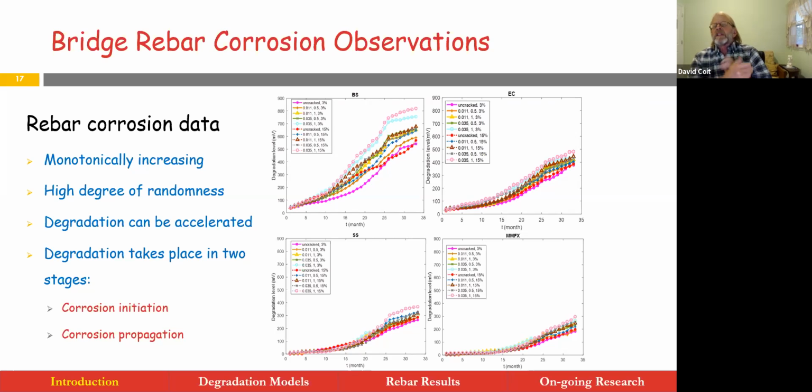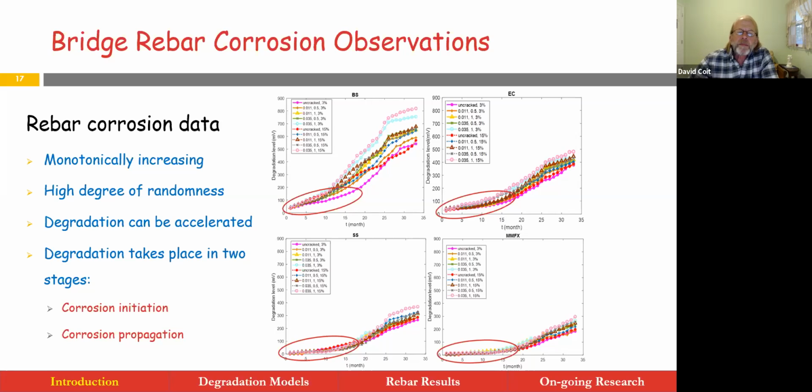But now there's another observation. Maybe you've detected this, maybe not. The degradation takes place in 2 stages. First, there's this low level. You could look at MMFX and say almost no corrosion for a while. There's a low level corrosion taking place.